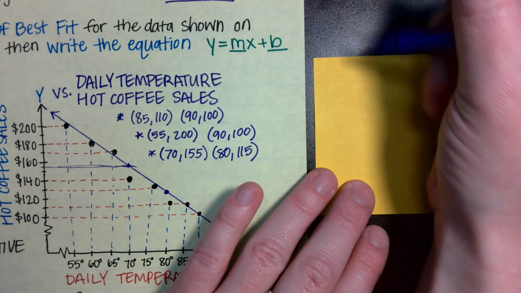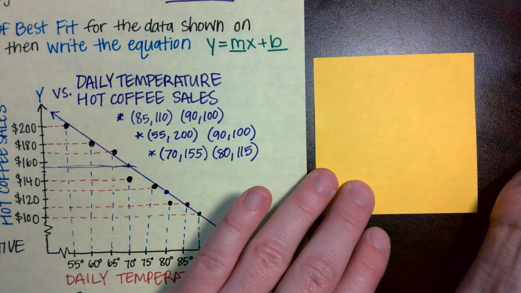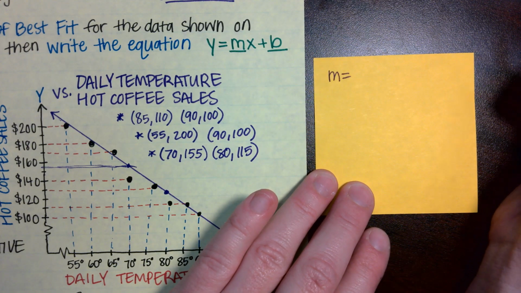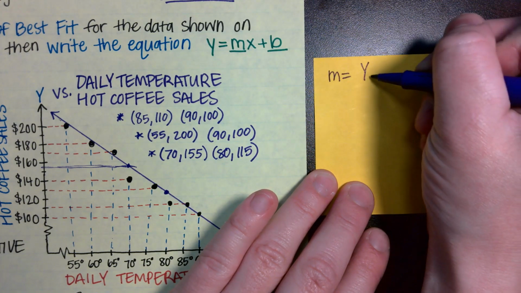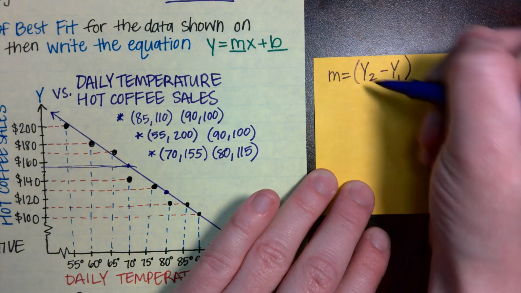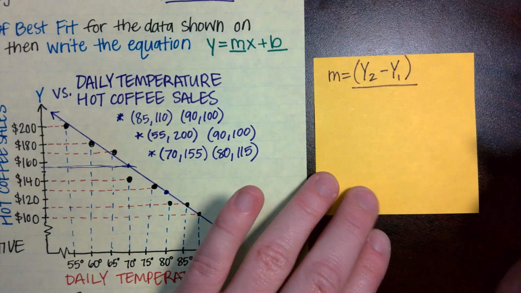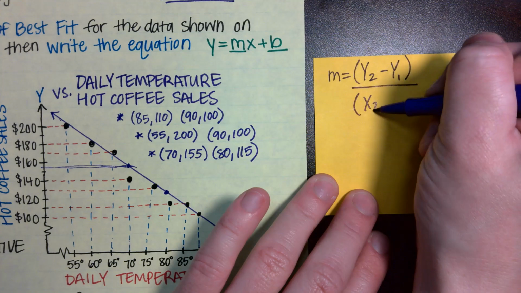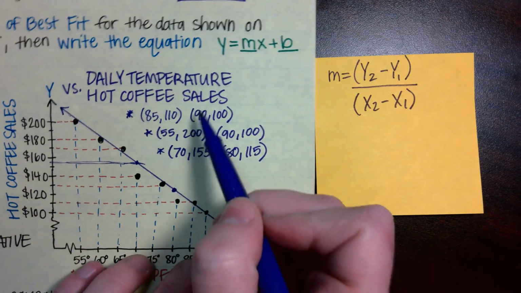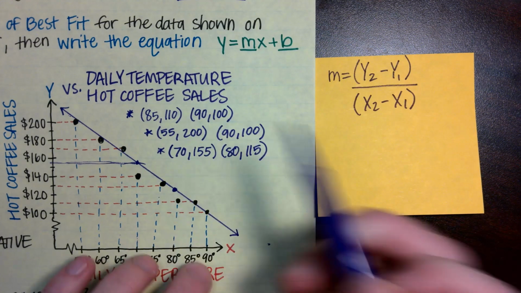So first of all, what is the slope formula? You guys remember? Y2 minus Y1 over what? X2 minus X1. Good.